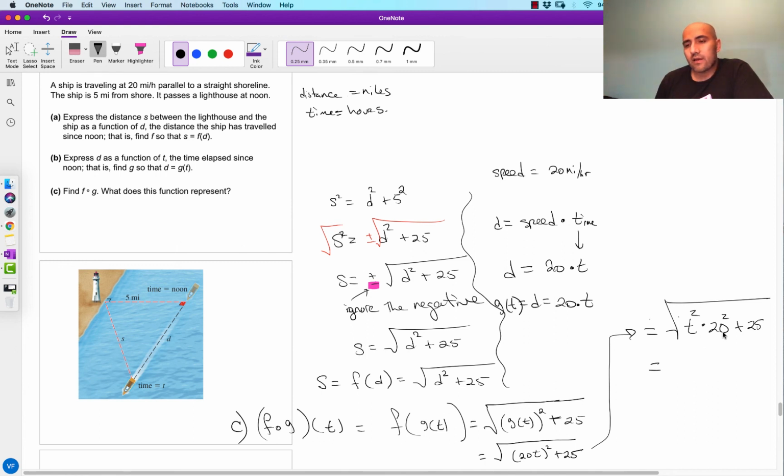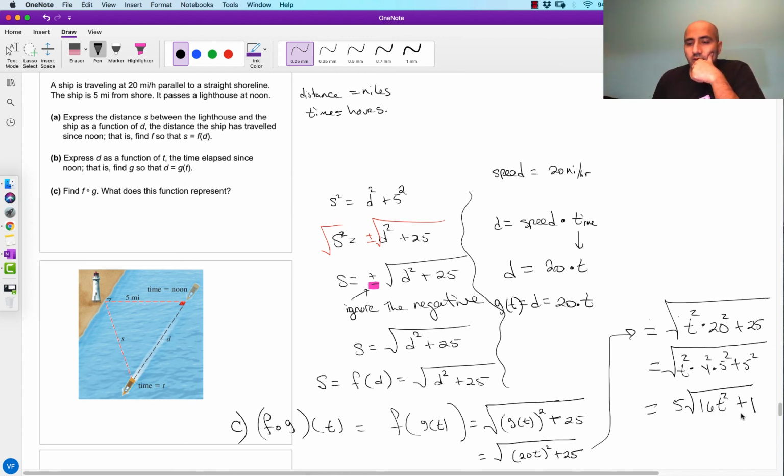We can factor out a 4 and a 5 here. So this is t squared times 4 squared times 5 squared plus 25, or 5 squared, inside that radical, which gives you 5 on the outside, times the square root of 16t squared plus 1.